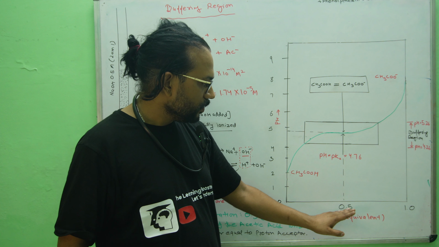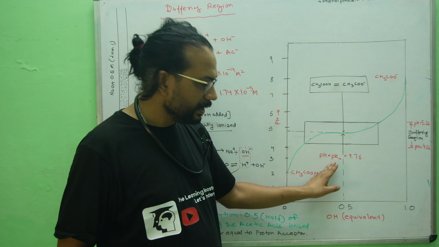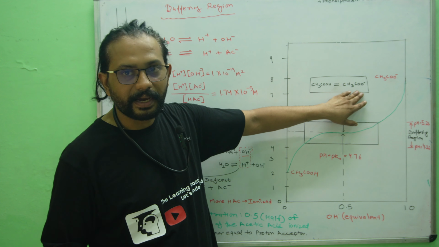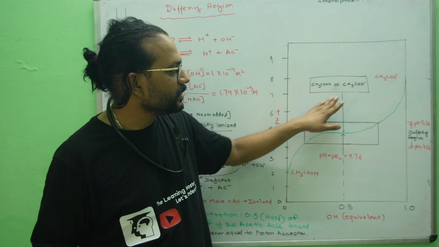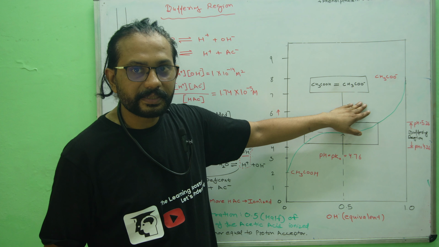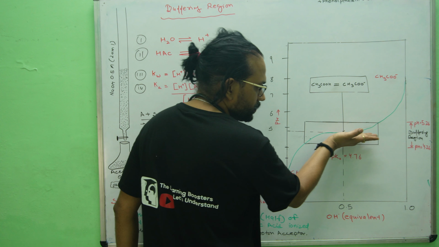Here it is also checked experimentally that at the midpoint the pH is equal to pKa, which is 4.76, where the acetic acid and the acetate ion concentrations are equal. You can also see there is a flattening of this curve.